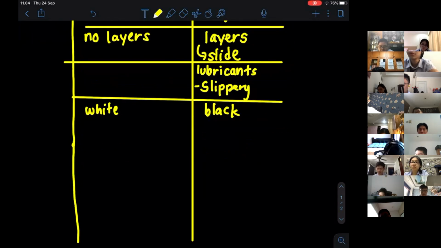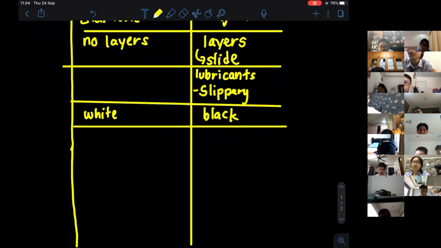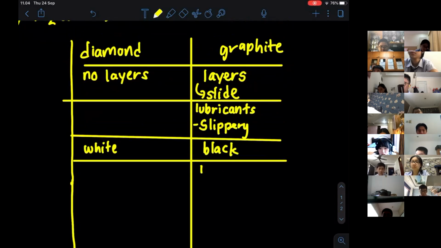But anyway, if we try to compare, what else can you compare? Elizabeth, one carbon is bonded to how many carbons? For graphite it is 3, for diamond it is going to be 4.